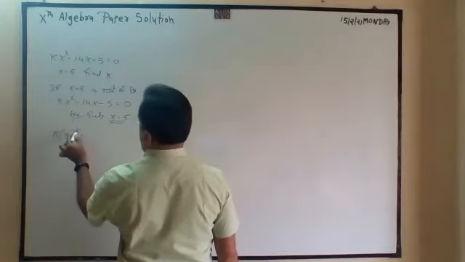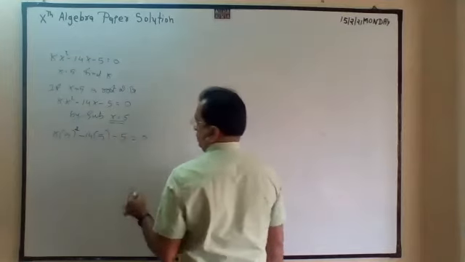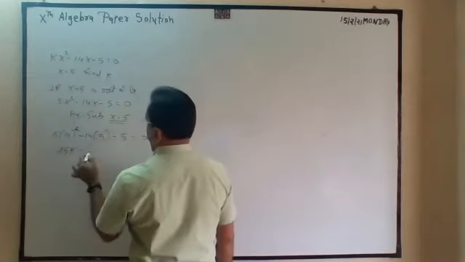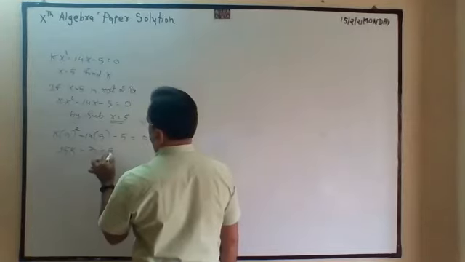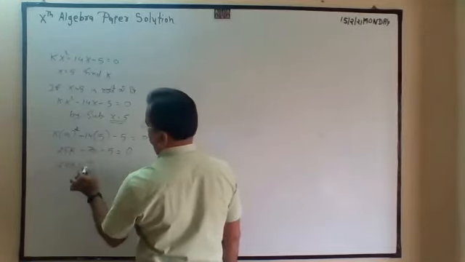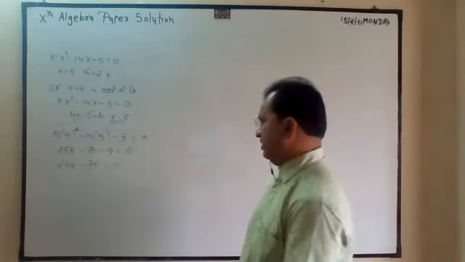x square, 5 square, 5 5s are 25 k, 14 5s are 70 minus 5, 25 k minus 75 is equal to 0.